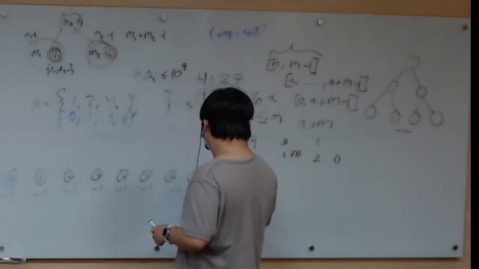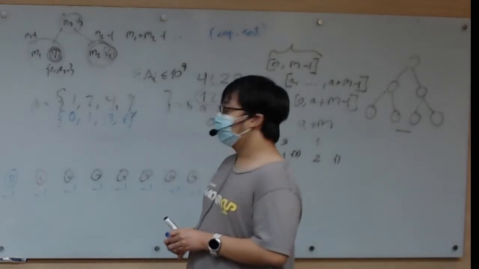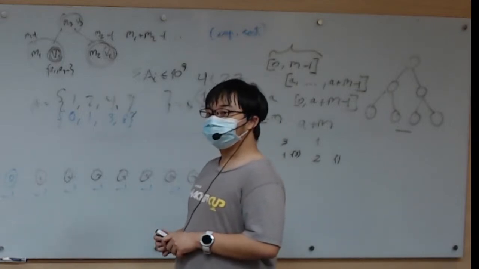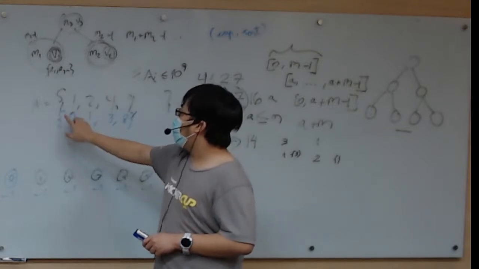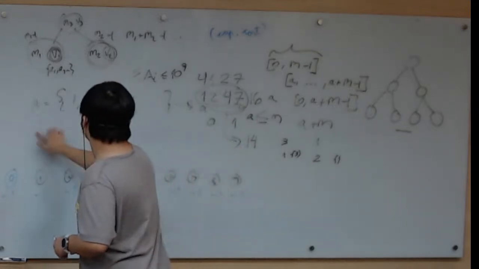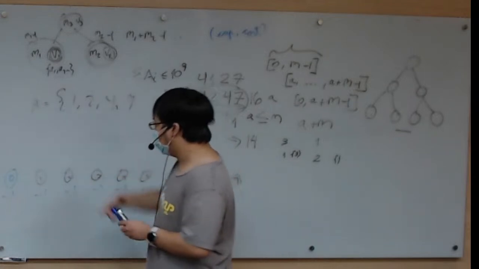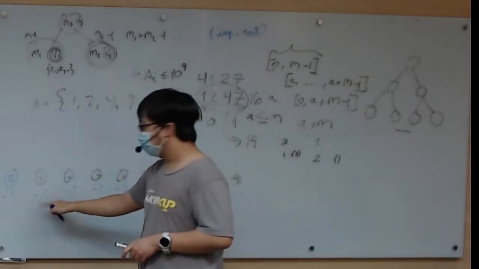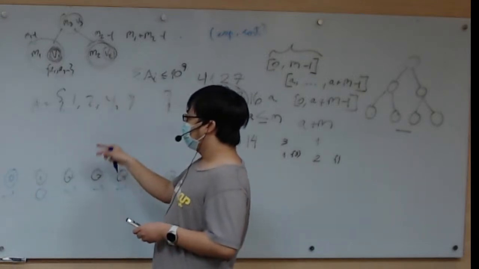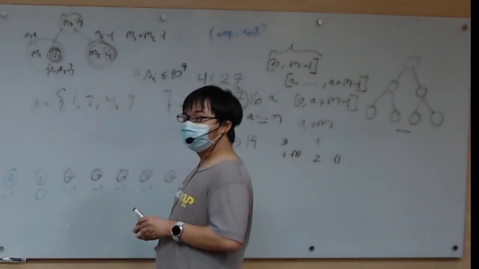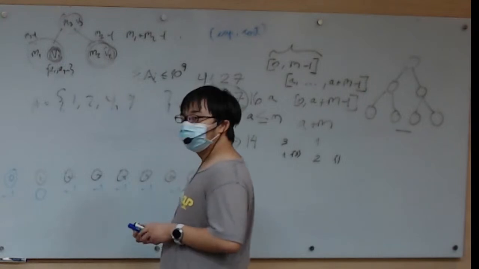Okay. And when you reach a value, the 1, then you increase this by 1. So this becomes 0. Okay. And then when you reach 2, increase the index 2 by 2.